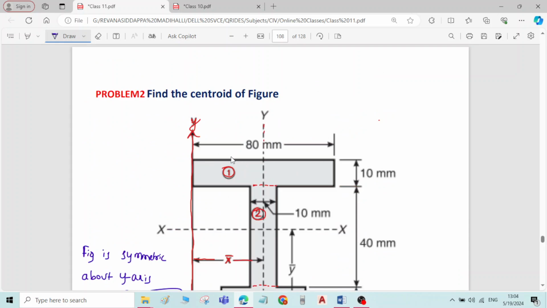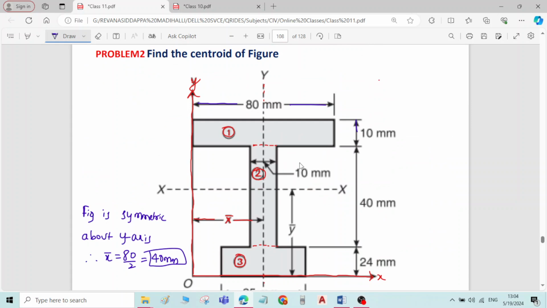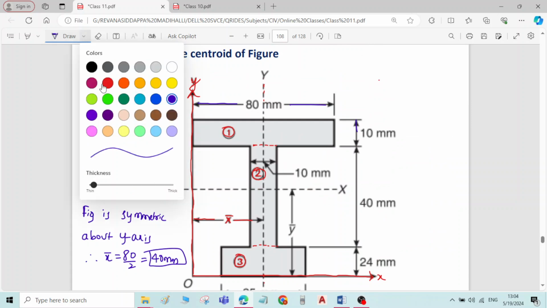Width of rectangle 1 is 80 mm and depth is 10 mm. B into d, 80 into 10, so it will be 800 mm square. And for y value, let me write the formula first.